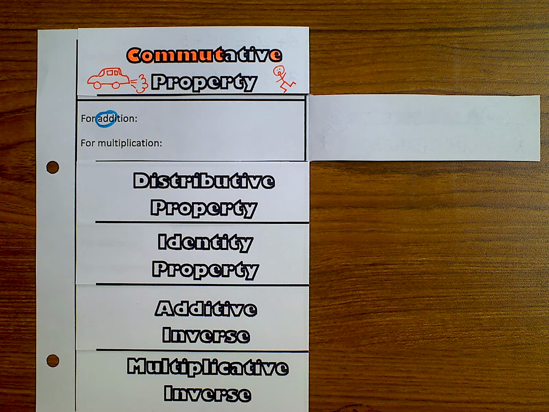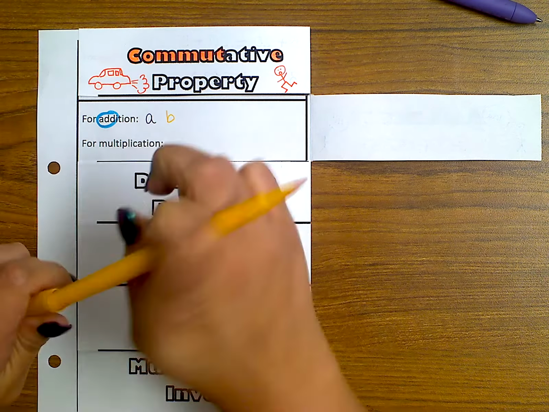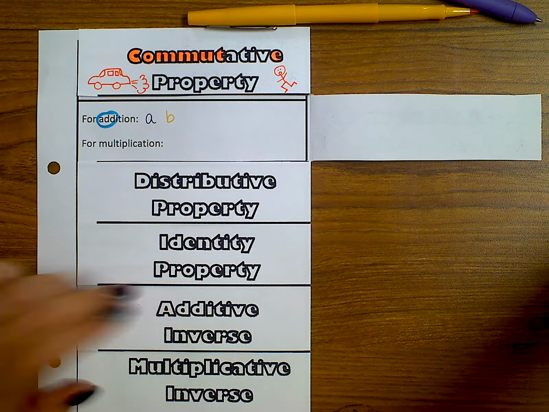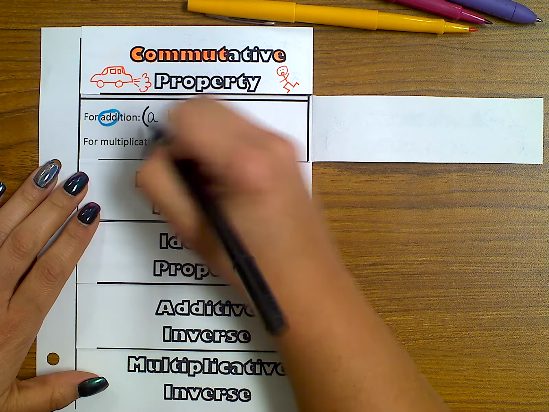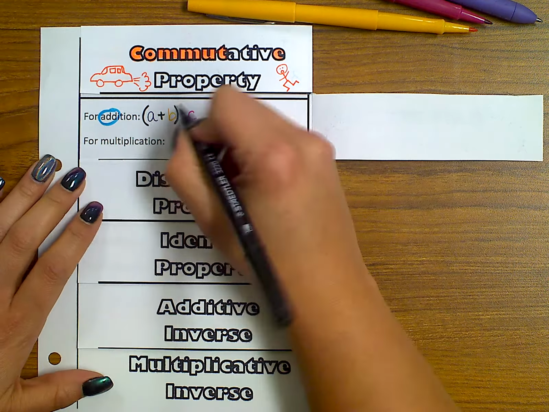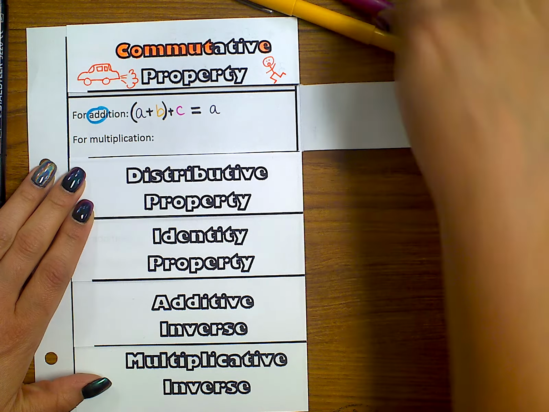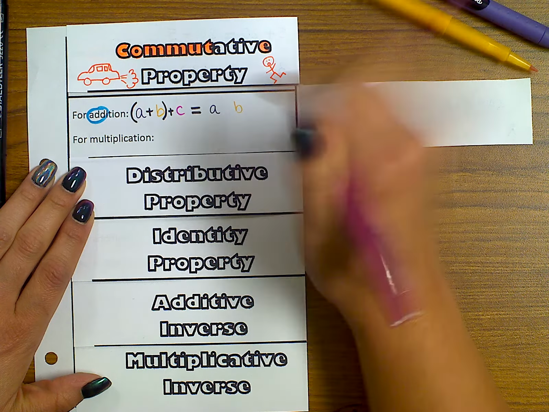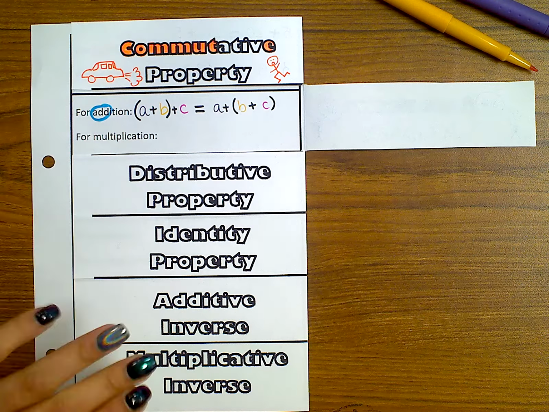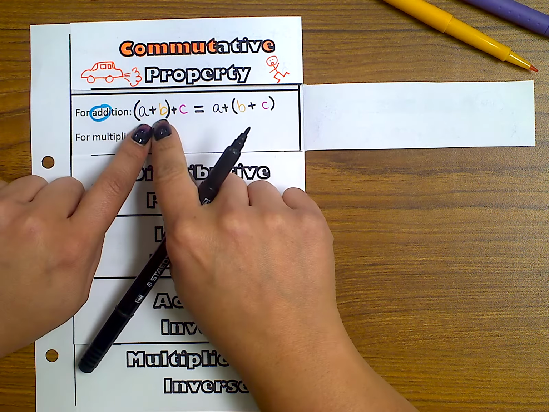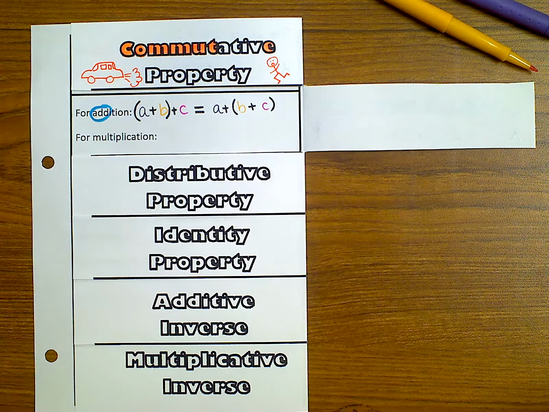Let's do purple A, a yellow B, and a pink C. Now, this first example, I'm going to say that this group of A plus B, I'm going to add C to it, is just the exact same thing as A plus this group of B plus C. So you notice that even though I grouped up A and B and I summed them up and I added C at the end, it's just the same as if I summed up B and C and I added A in the front. You're going to get the exact same answer.